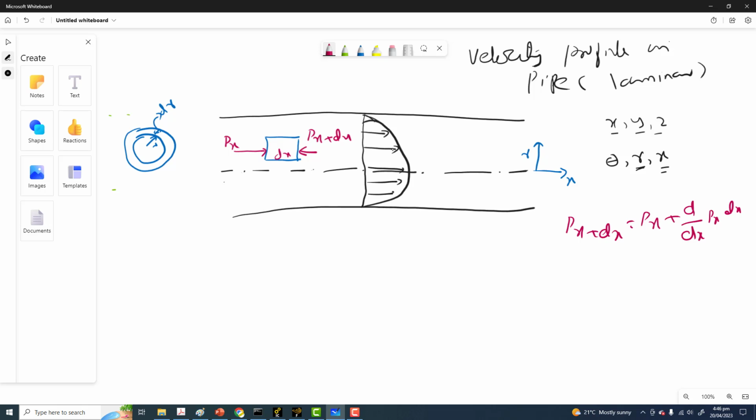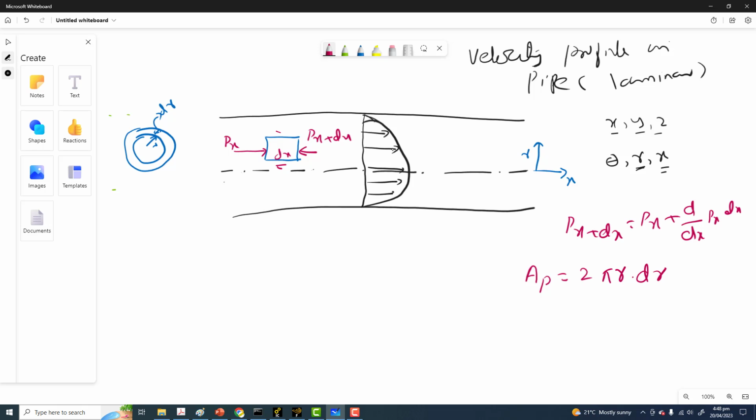So this is the area for shear stress. The area for the pressure will be 2 pi r, that is the circumference, into dr. And here we have the shear stress, and this direction is like this.